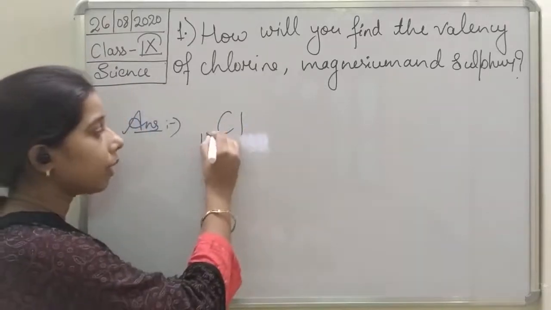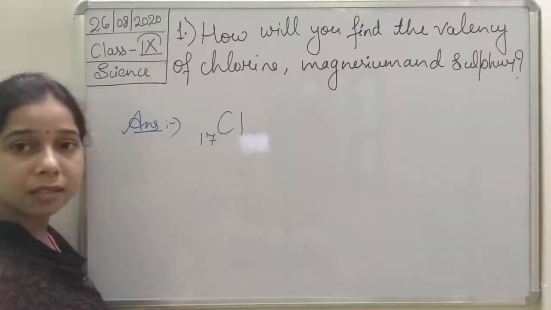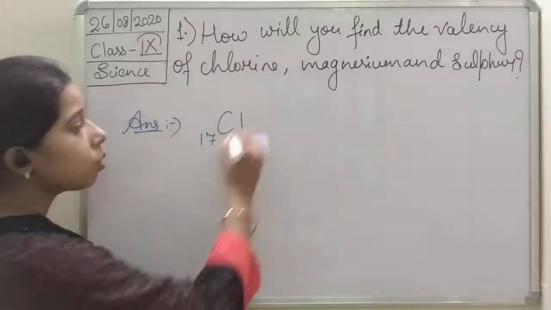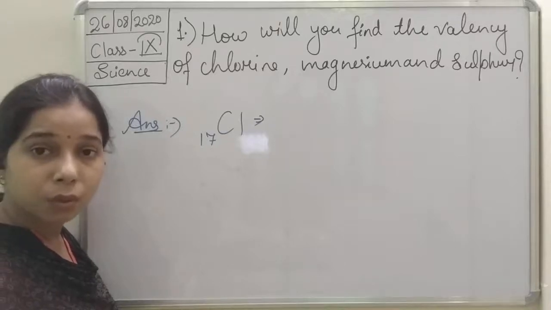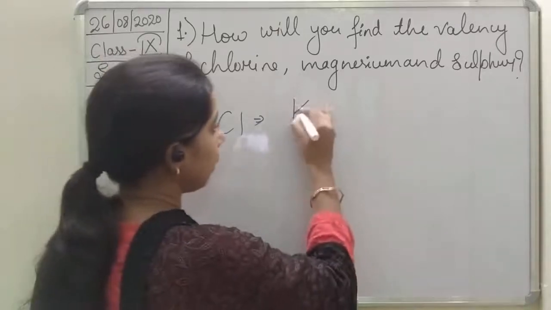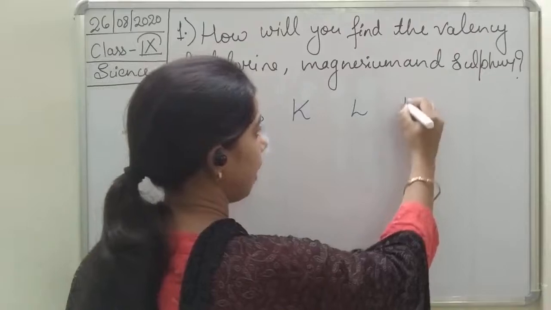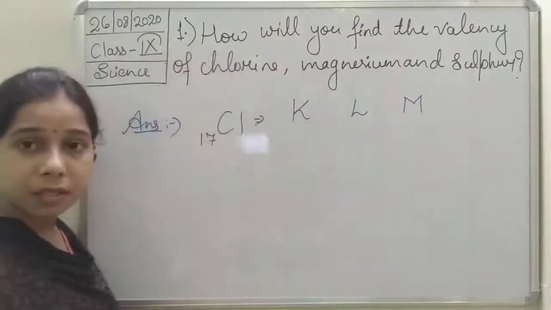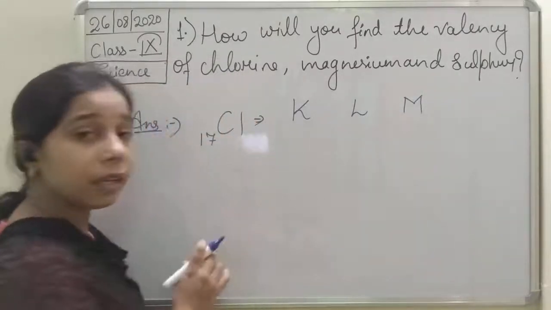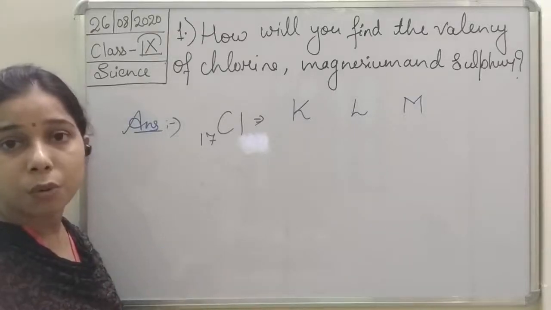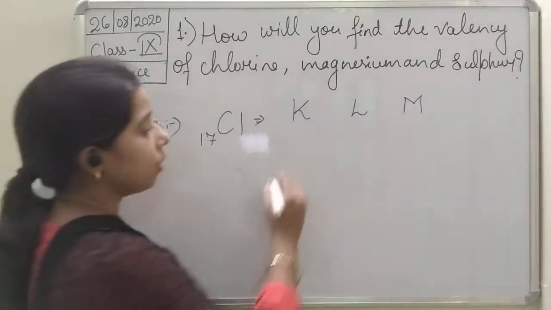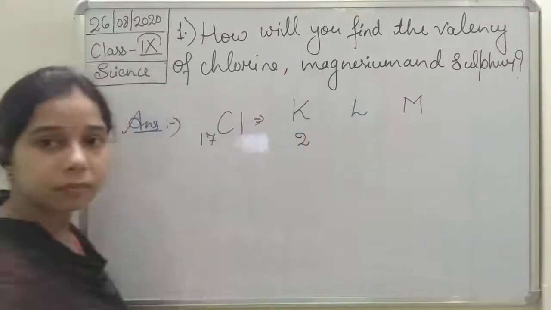We know that the atomic number of chlorine is 17. So what will be the electronic configuration of chlorine? It will be K, L, M. How many electrons will be present in the K shell? The K shell can accommodate only 2 electrons, so here it will be 2.